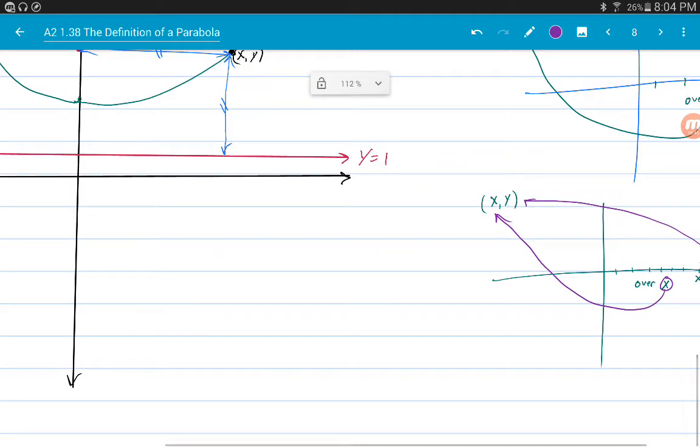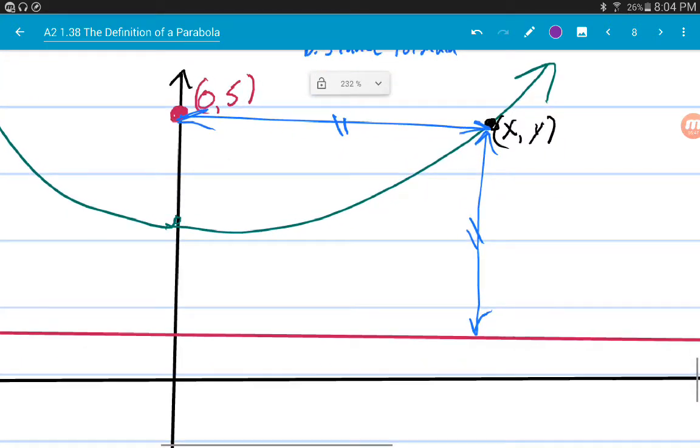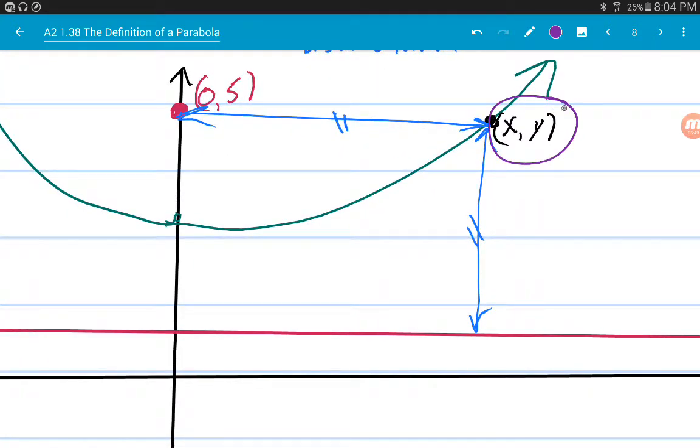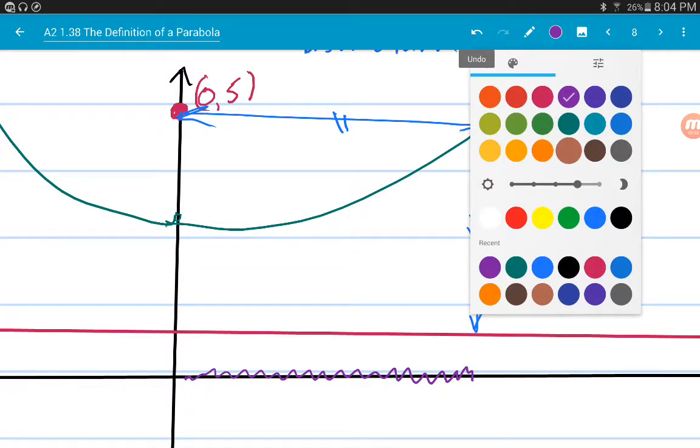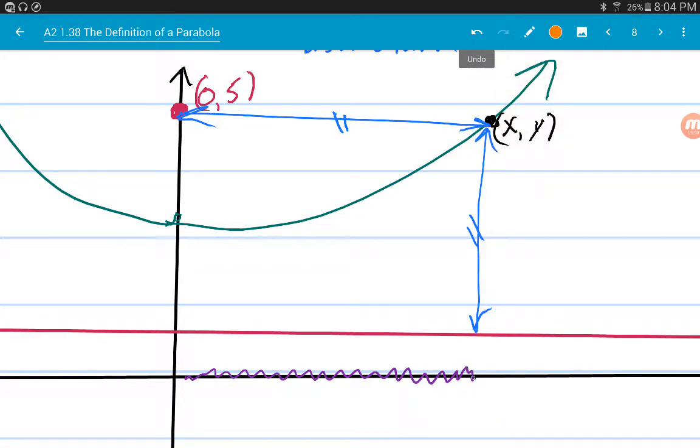So if I'm looking at this example over here, I start from the origin and I want to plot this point. Think of it like this. I go over x units, just scribbling to show my motion. And how many units do I go up? I go up y units.